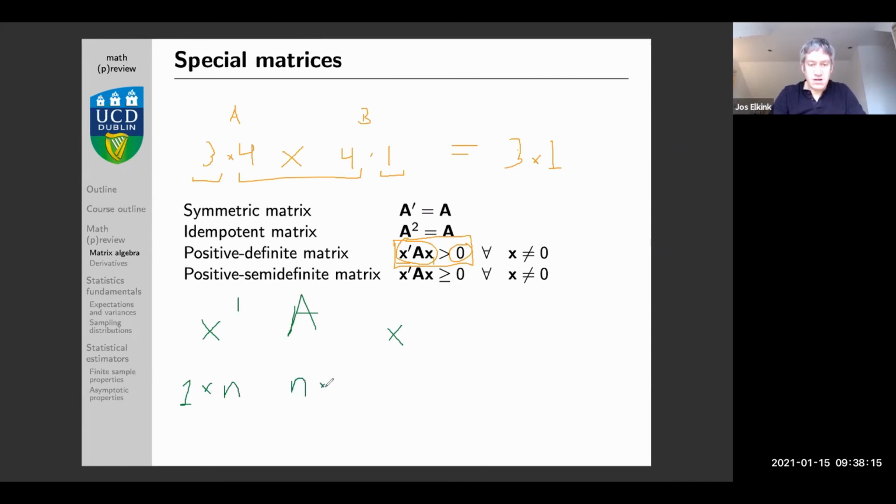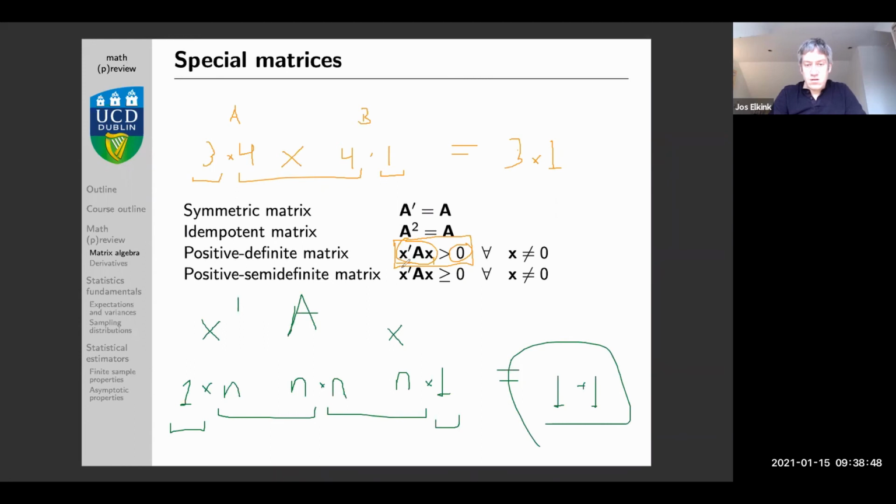So this is n by n. And this is a column vector, n by 1. So this multiplication only works because they are the same. This multiplication only works because they are the same. And so the result will be 1 by 1. So it will result in a 1 by 1 matrix. And a 1 by 1 matrix is just a scalar, it's just a number. So this is a scalar.